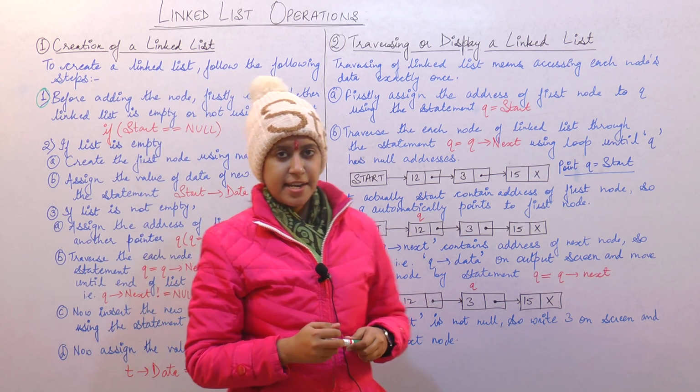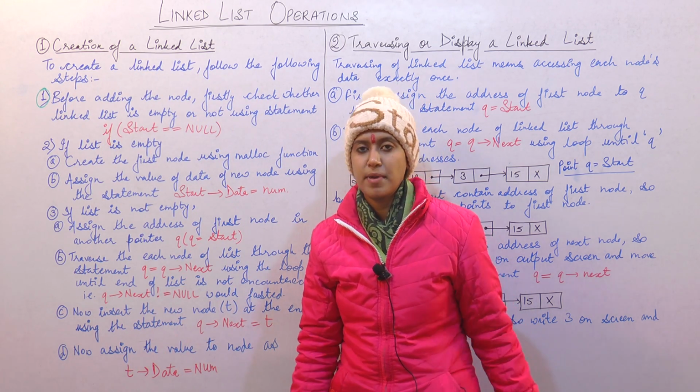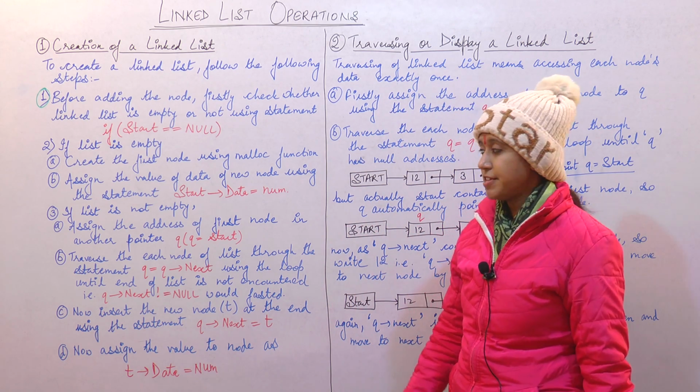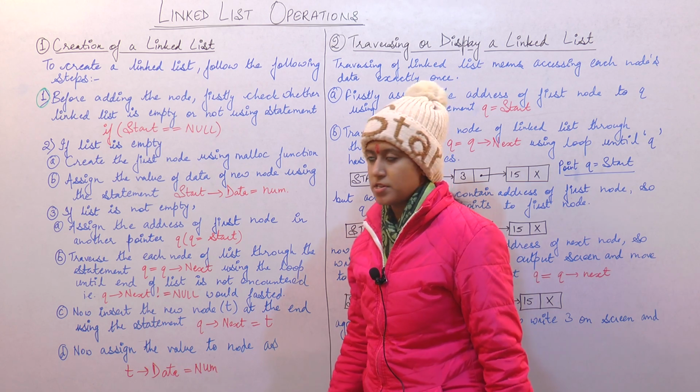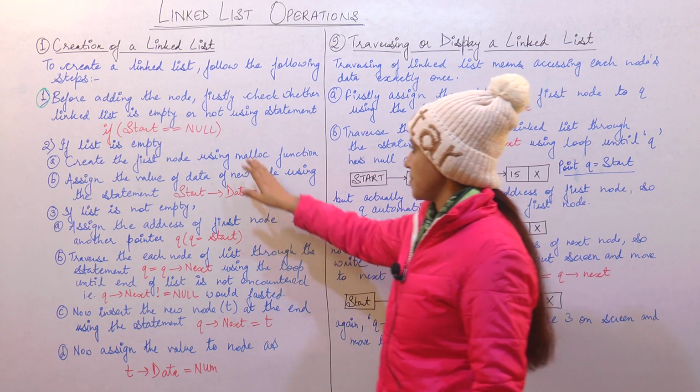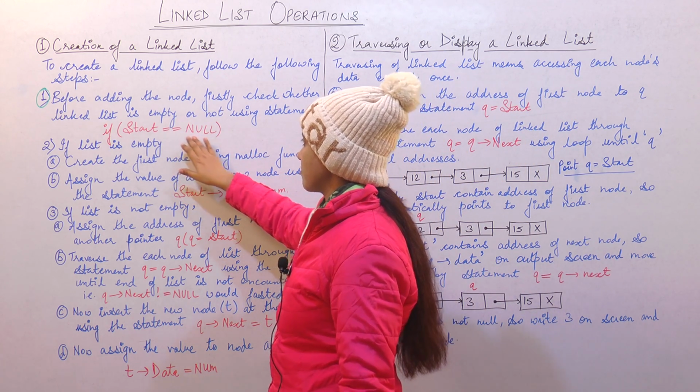So before adding any new node to make a linked list, we will check whether the linked list is empty or not, using the statement if start equals to null.